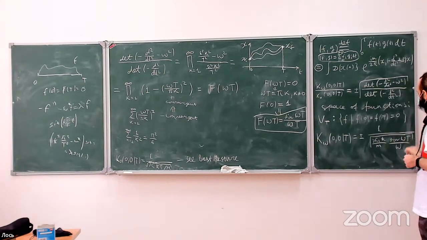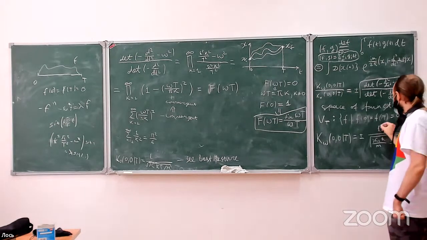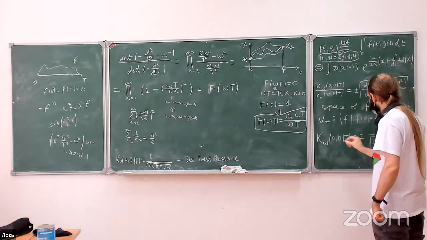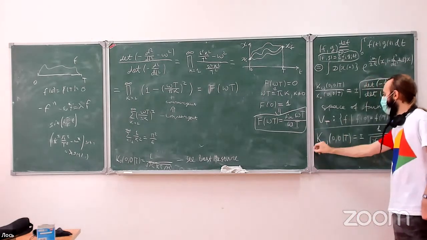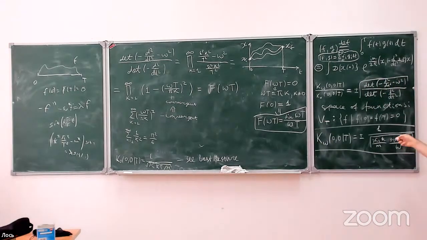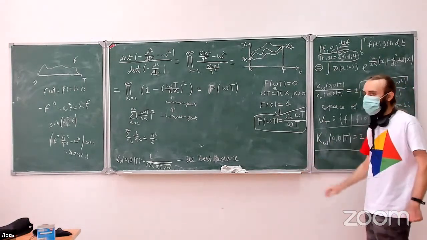And when omega goes to 0, of course, it coincides with the normalization factor for the free particle.